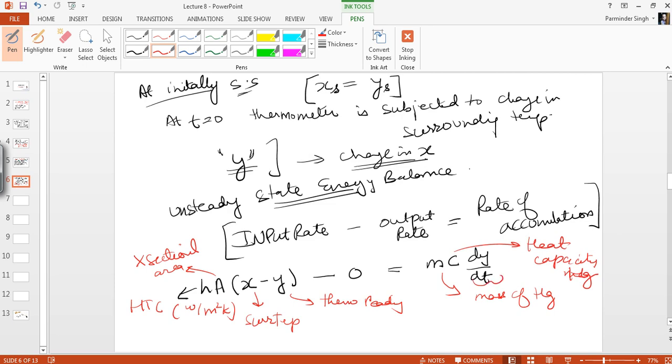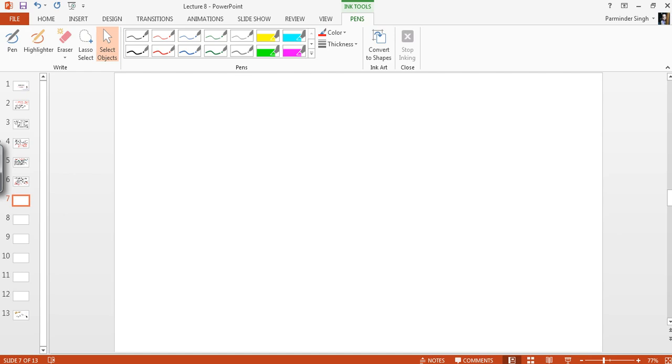And what is dY/dt? The rate of change of thermometer temperature with respect to time. Clear? So we have HA(X minus Y) equal to mC dY/dt.